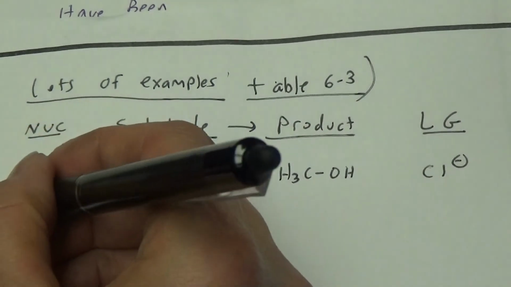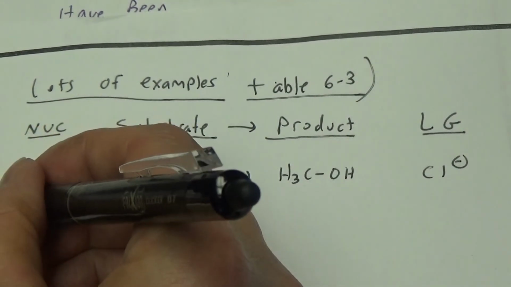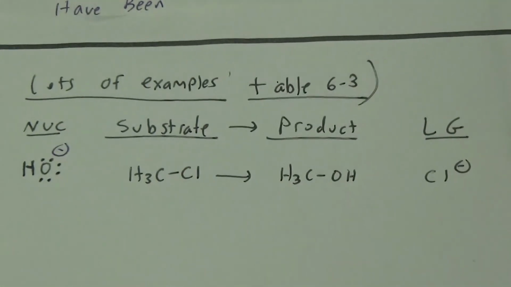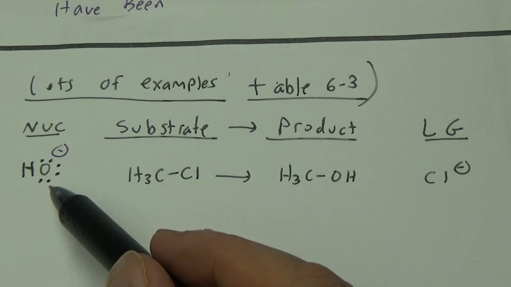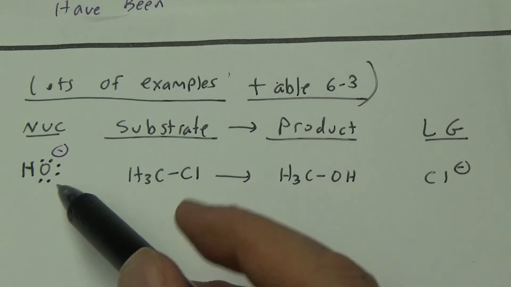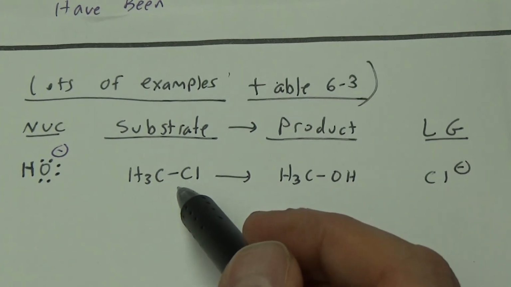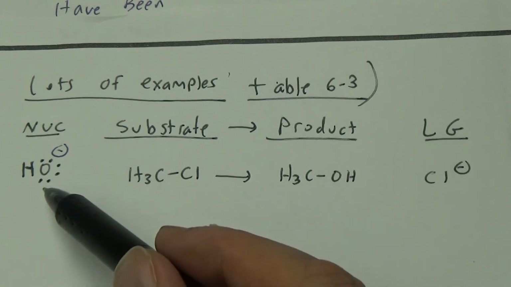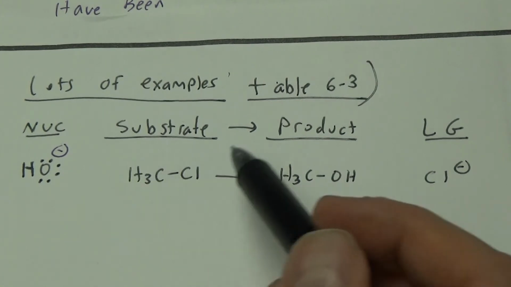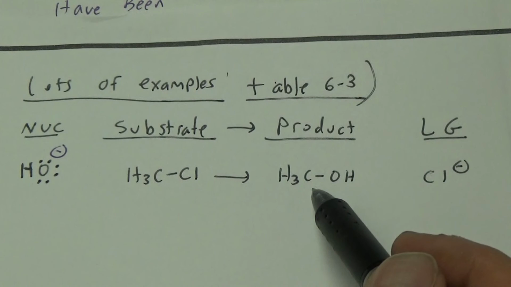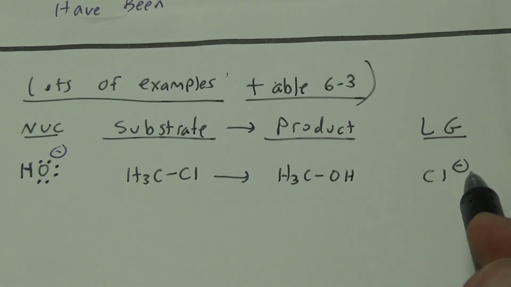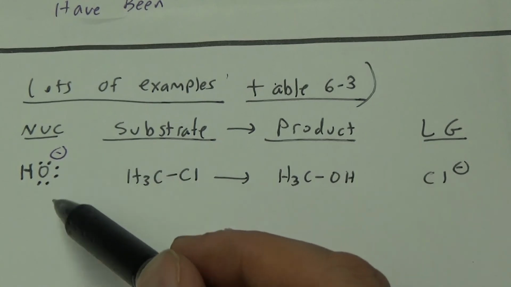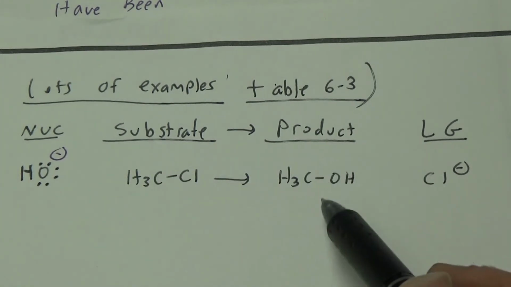Also remember, if you look above, we learned that if you have a negatively charged nucleophile and the substrate is neutral, then the product is neutral and the leaving group is negative. The big thing is you have balance of charge, right? Negative plus neutral gives you neutral plus negative.